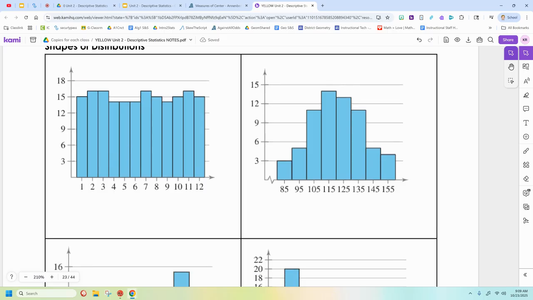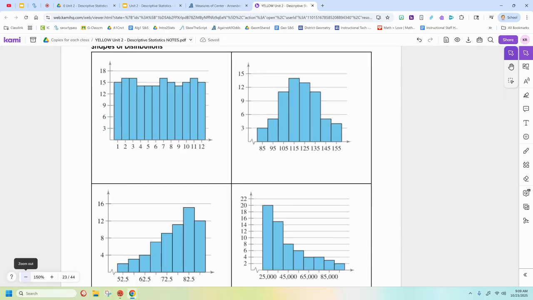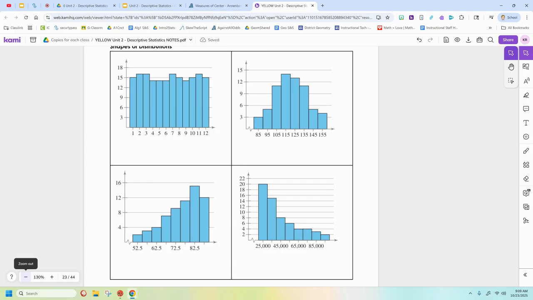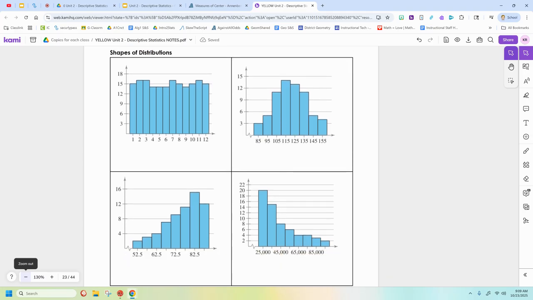All right. So shapes of data. We're getting to this place where we're going to fully describe a set of data. Fully describe what's going on with Barry Bonds, etc. So another thing we can talk about besides centers is shapes. If you look at this one, that was the one in the video.